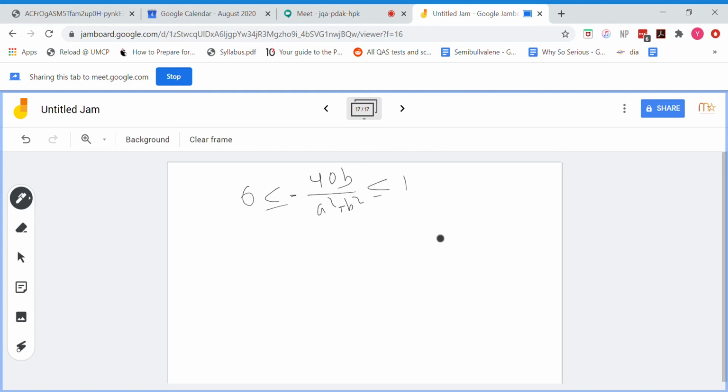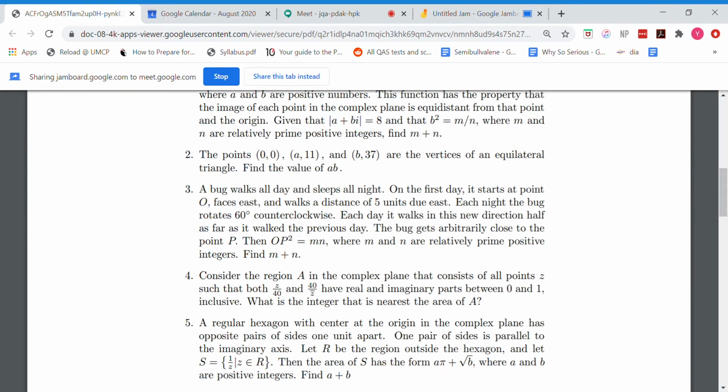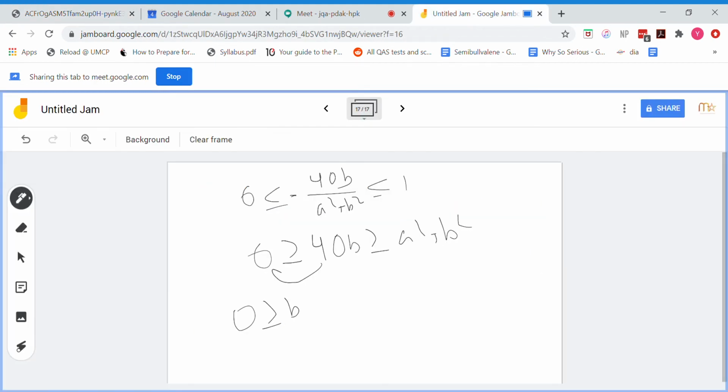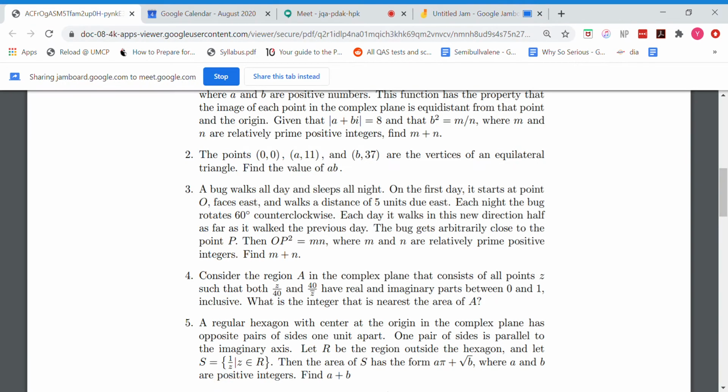So if we multiply by A squared plus B squared, we have 40B is at least A squared plus B squared. Okay, hold on. There is a typo.